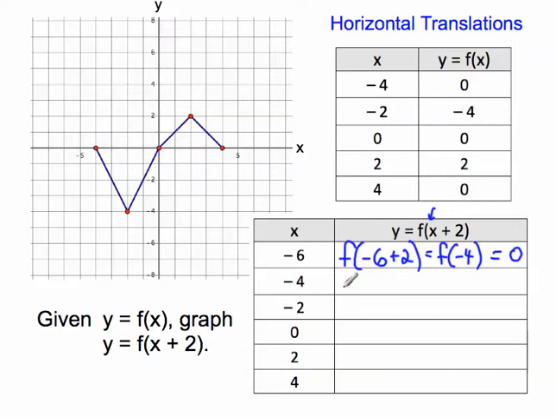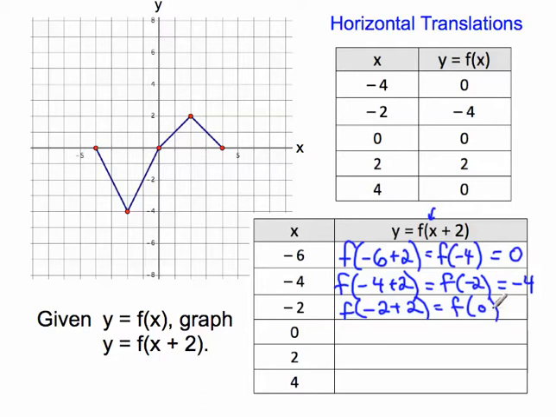Next we have x equal to negative 4. Because it's x plus 2, we take negative 4 plus 2. So f of negative 4 plus 2 is equal to f of negative 2, and looking above, f of negative 2 is negative 4. When x is negative 2, f of negative 2 plus 2 is equal to f of 0, and that's equal to 0.